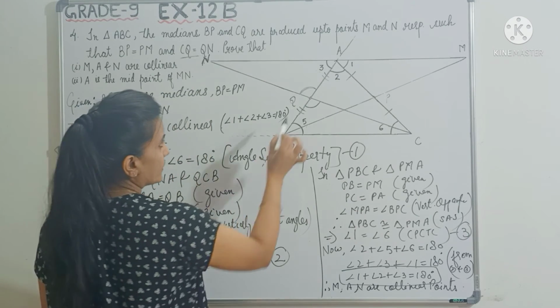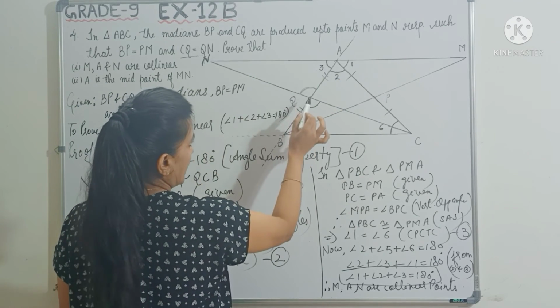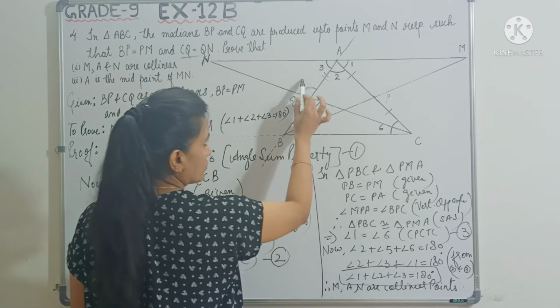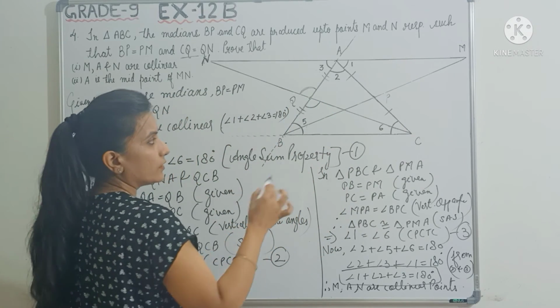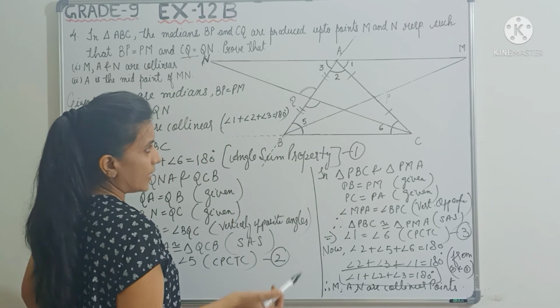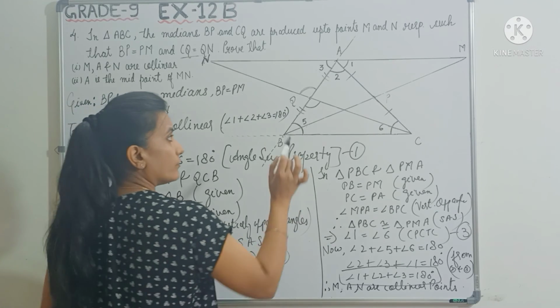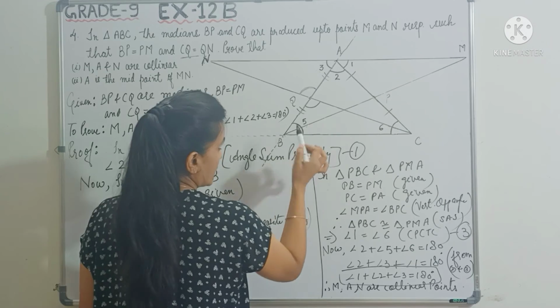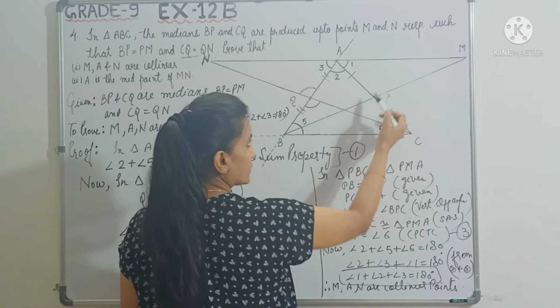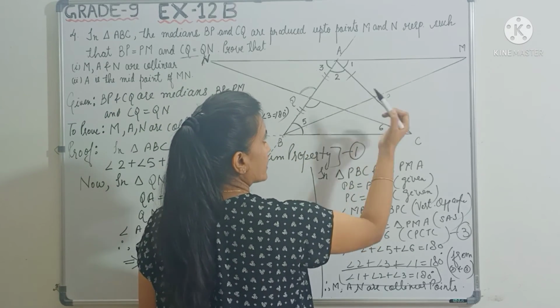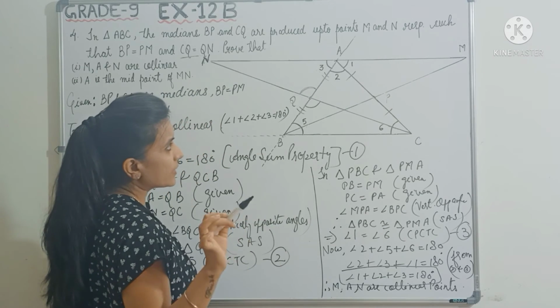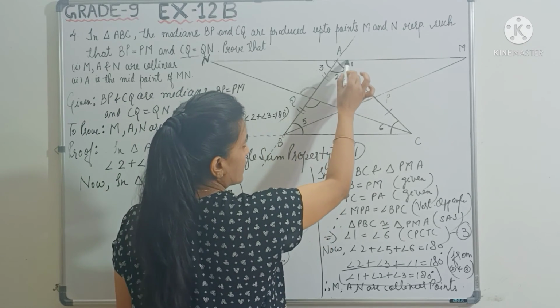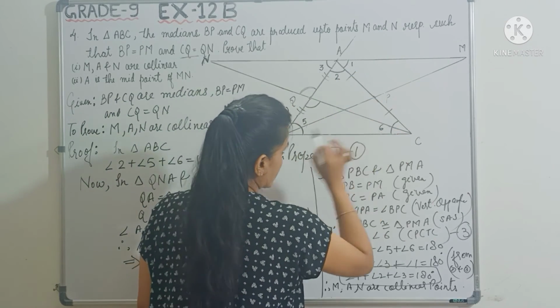So we took triangle QAN and QBC. We took these two triangles and we proved that the two triangles are congruent, and then by CPCT we mentioned that angle 3 is equal to angle 5. Similarly, in these two triangles, you will show that these two triangles are congruent, and then by CPCT you will say that angle 1 is equal to angle 6.